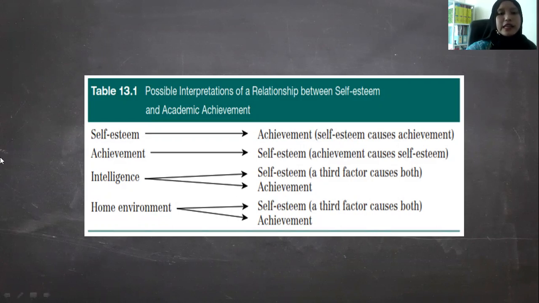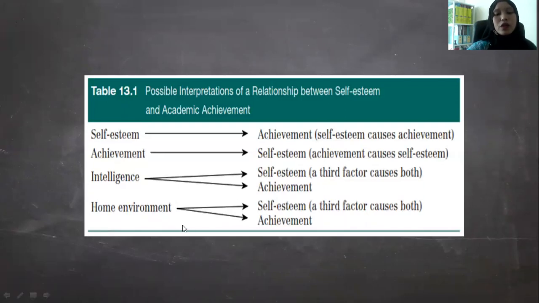So intelligence here is independent, self-esteem also independent, achievement is dependent. So independent is correlated to independent self-esteem and is also correlated with the dependent achievement. So it's about looking at the causal factor. The last example is home environment.